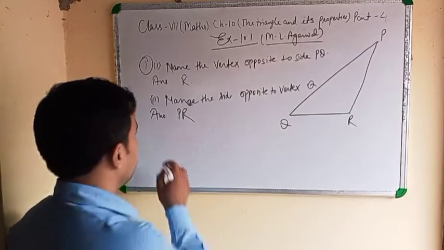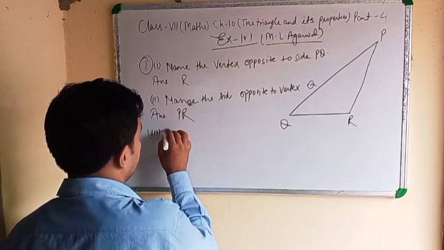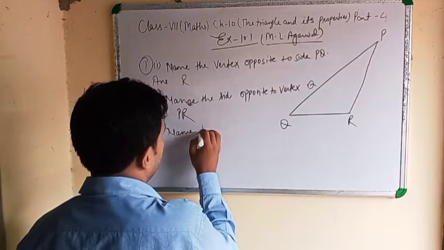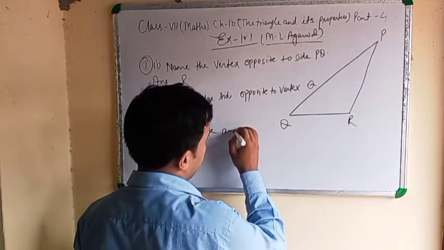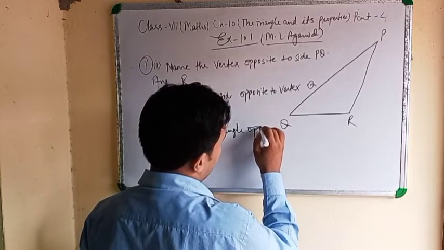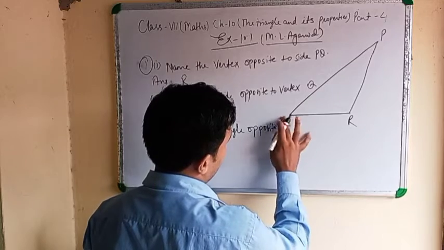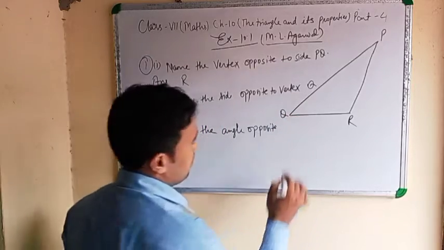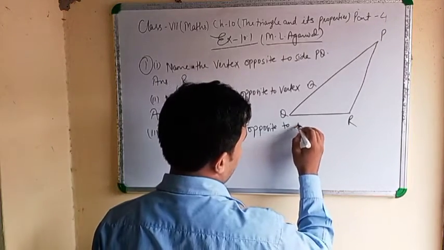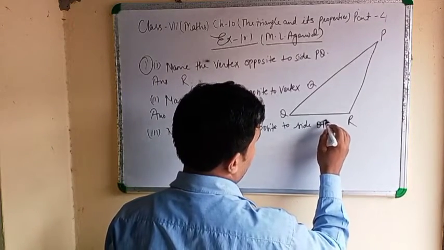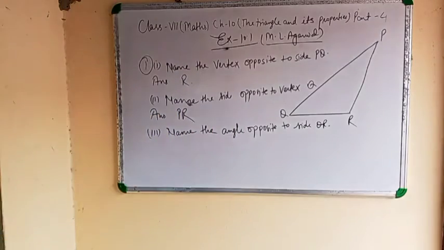The third one is: name the angle opposite to side QR. Which angle?